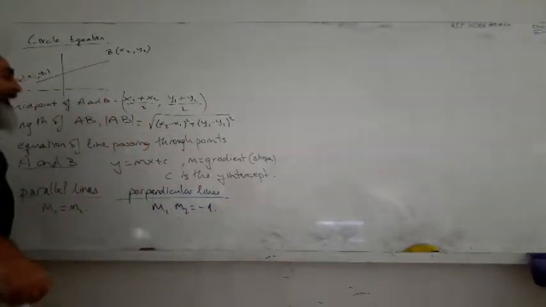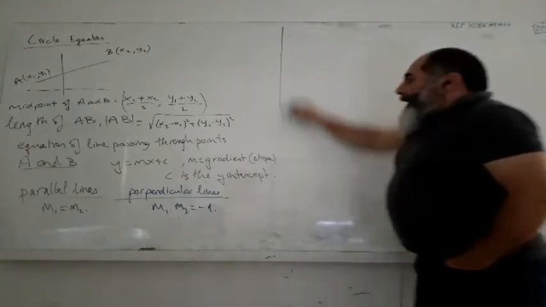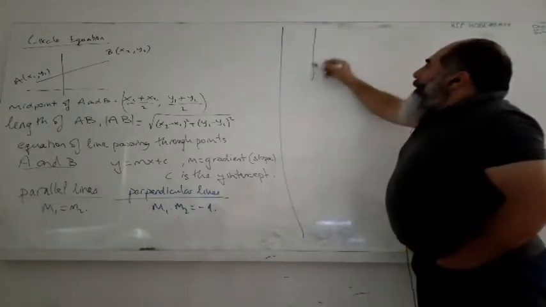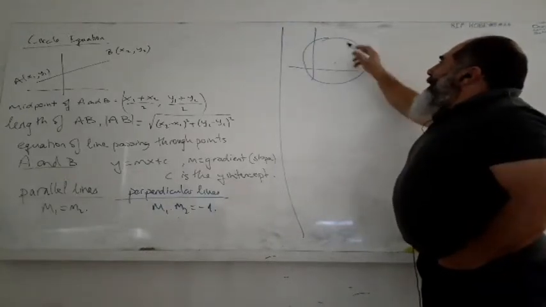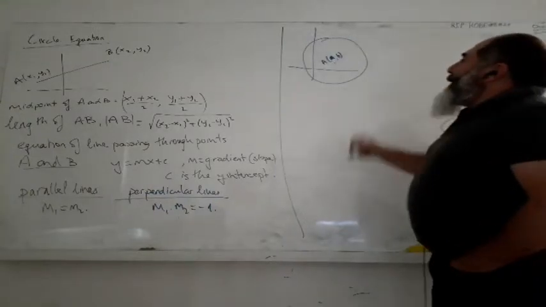And let's talk about the circle and its equation. Say that point A with coordinates a and b is the center of the circle and r is the radius.